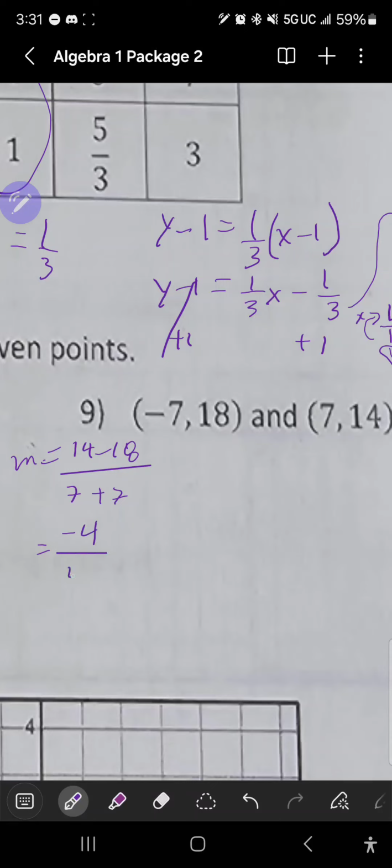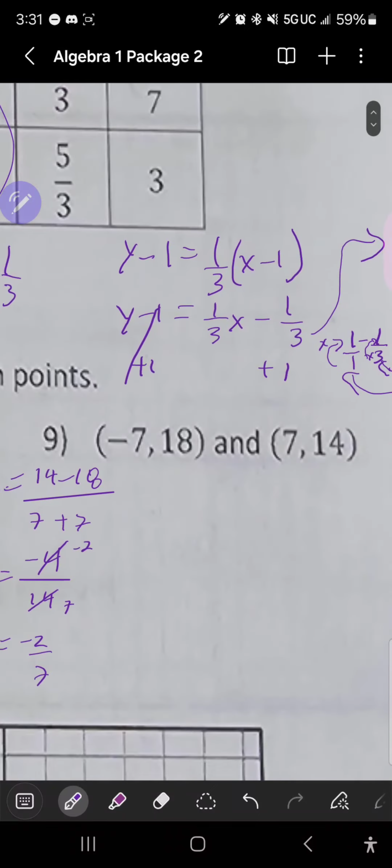And 7 plus 7 is 14. Now we can simplify a little bit. We divide both sides by 2 and we get negative 2. 4 divided by 2 is 2, and 14 divided by 2 is 7. So m is going to be negative 2 over 7.